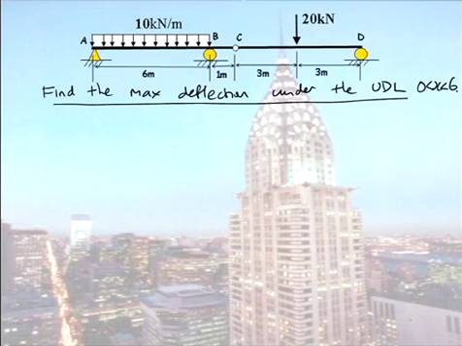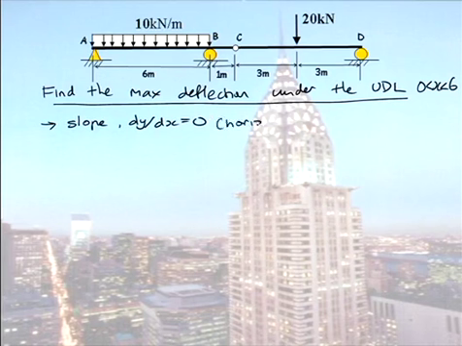How do we find where a deflection is maximum? What we do is we set the slope dy dx equal to 0. Because at a local maximum, that's where your slope is horizontal. So dy dx is equal to 0.